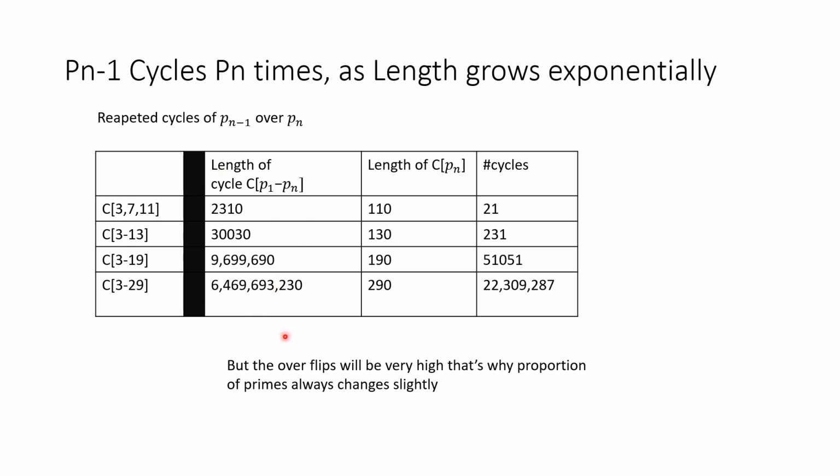This will be the length. And this will be the length of the last prime number of that cycle. For this cycle, this will be the length of 110. And these are the cycles that this length is going to repeat inside this cycle until it finishes.